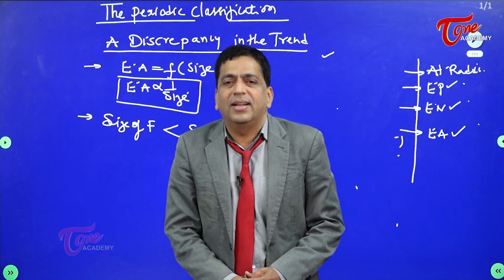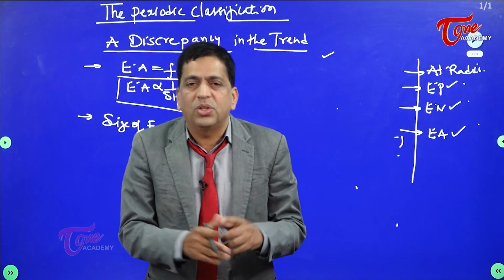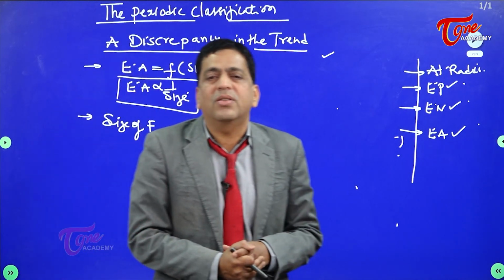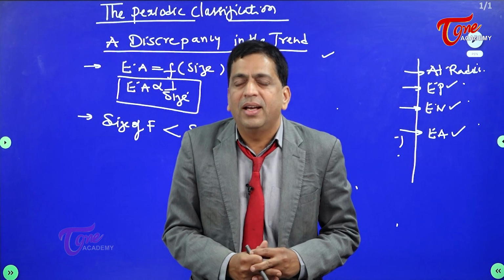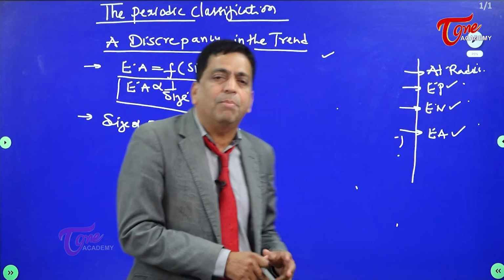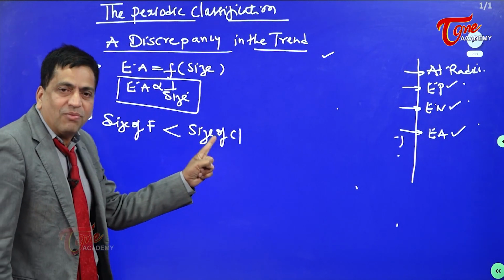Size of fluorine is basically smaller compared to chlorine, and it's very obvious, because chlorine is placed below fluorine in the 17th group. From top to bottom size increases, and chlorine is a bigger atom compared to fluorine.